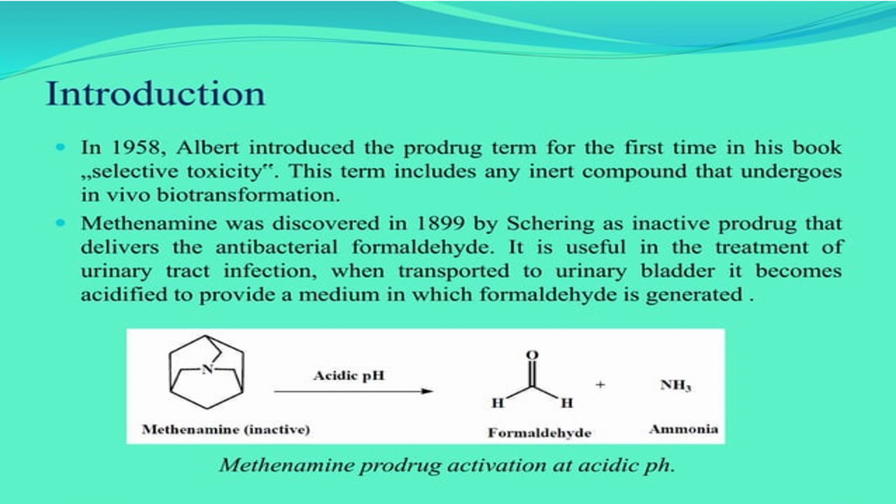Just now we have discussed that a drug candidate may go for the biological change, the physical change or the chemical change. So it is transformed into the pharmacologically active agent either by metabolic or physicochemical transformations.